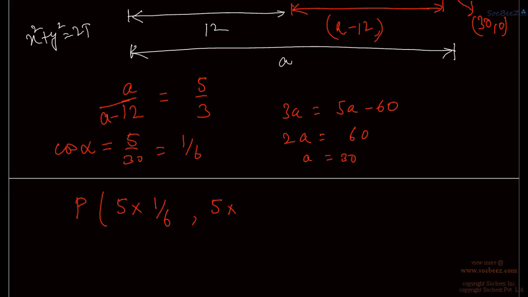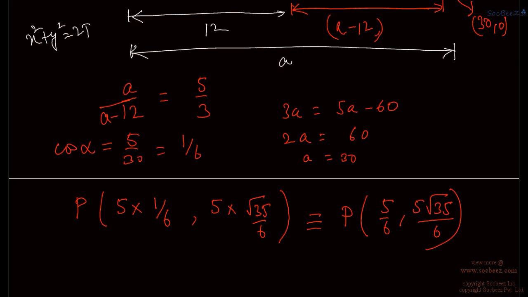So sin alpha is root under 1 minus (1 by 6) square, that is 1 minus 1 by 36, which is root 35 by 6, right? So we have point P as (5 by 6, 5 root 35 by 6).